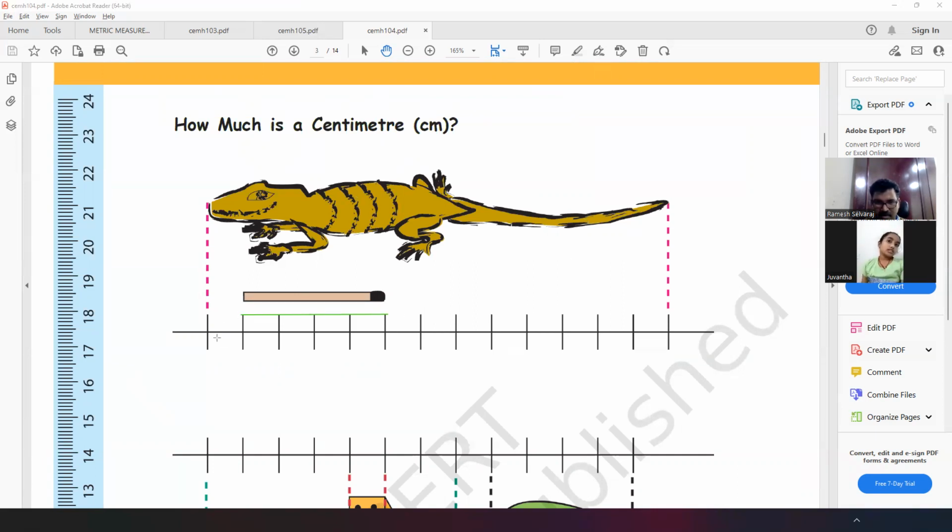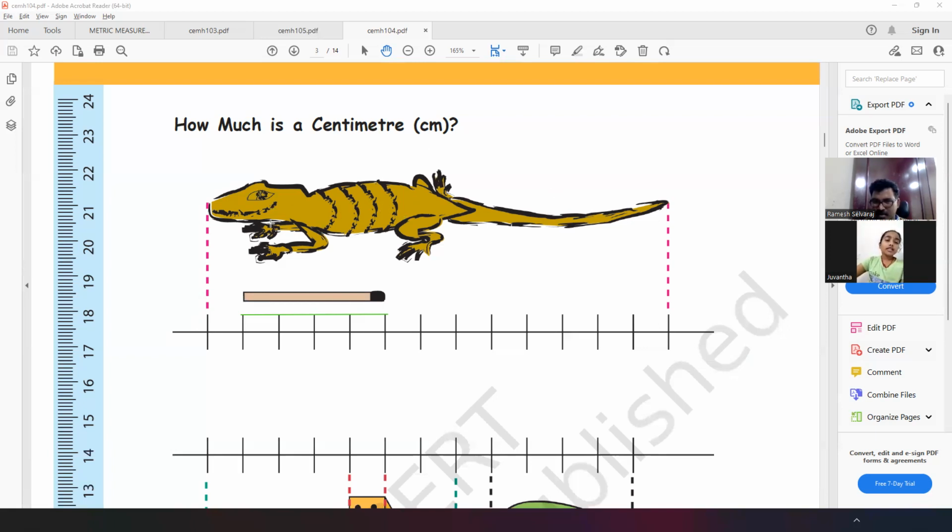One minute, let me check. From here it's starting 0, 1, 2, 3, 4, 5, 6, 7, 8, 9, 10, 11, 12, 13. 13 centimeters long. So you have to start from 0. The matchstick also you start from 0. This is 0, this is 1, 2, 3, 4. So this is 4 centimeters long.